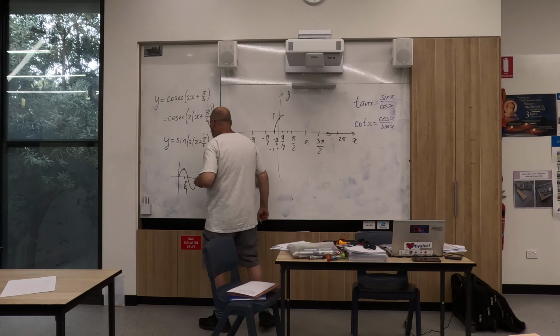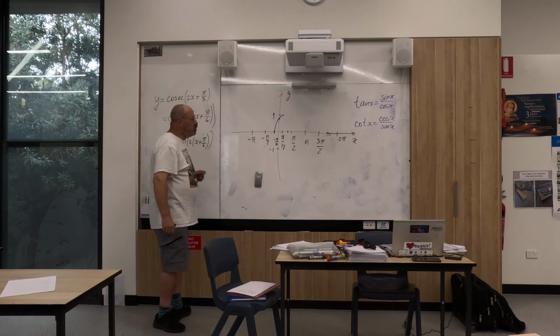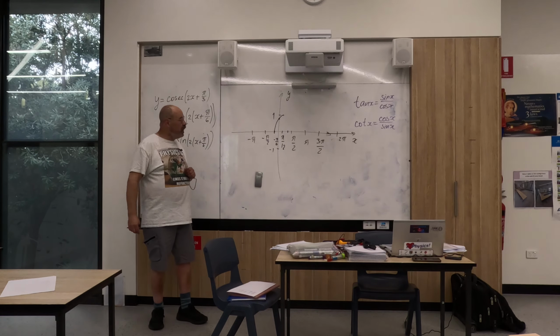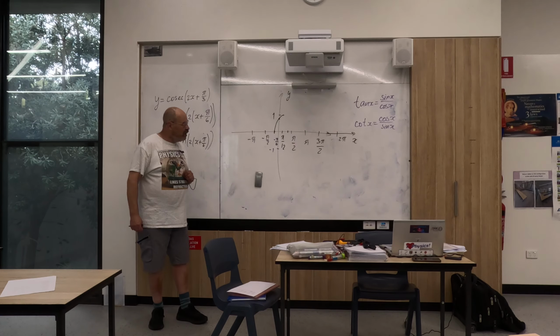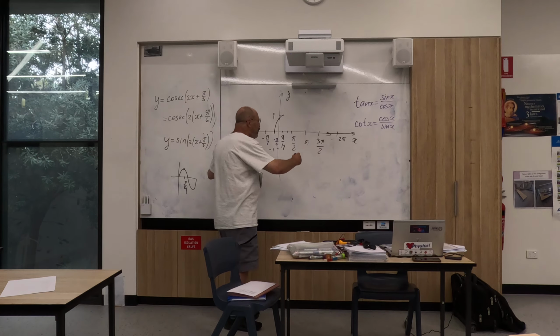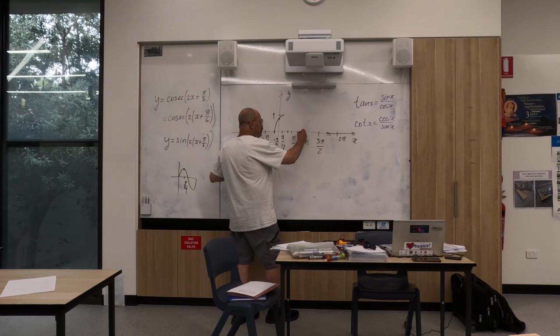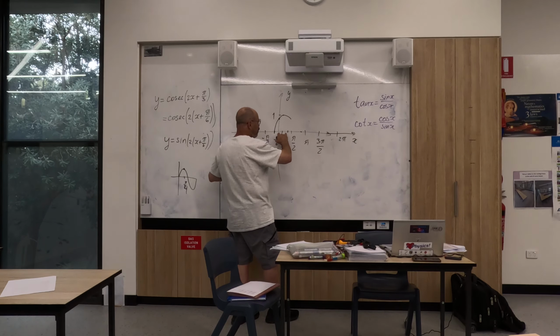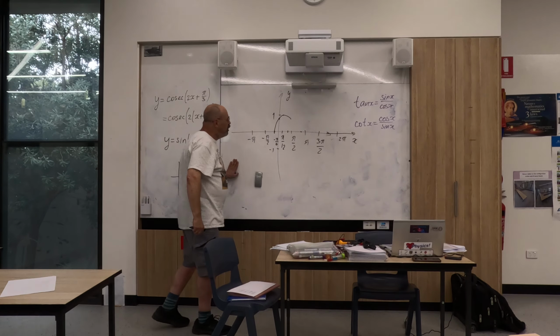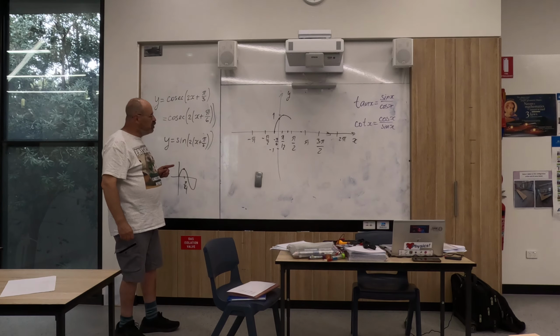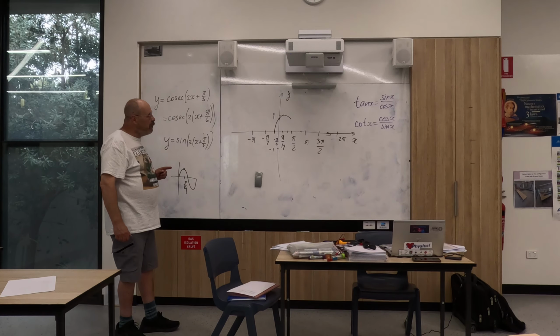Now, the next 0. You say the period is pi. No, we had 0 at negative pi on 6.